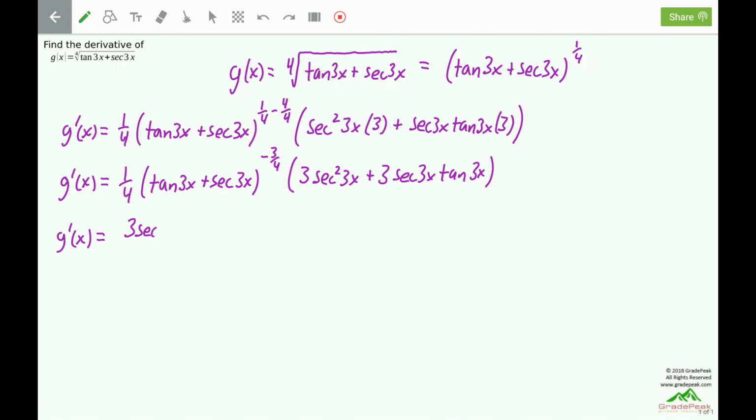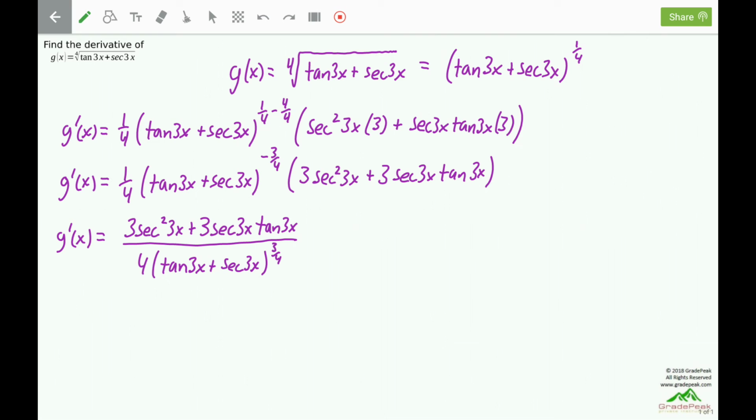So 3 secant squared of 3x plus 3 secant 3x tangent 3x. And all of that is divided by 4 times tangent of 3x plus secant of 3x raised to the positive 3/4 power. So there's our derivative g prime of x.